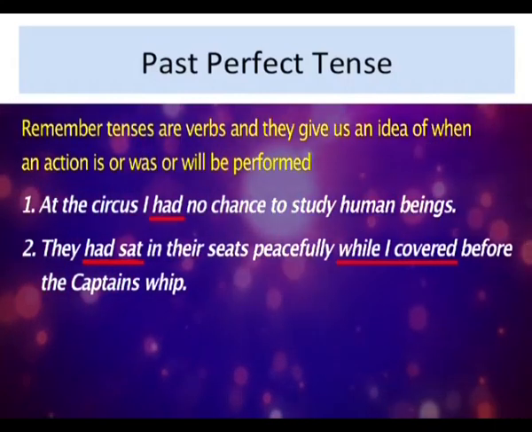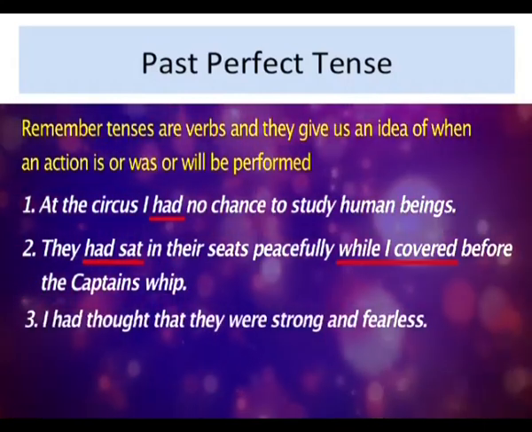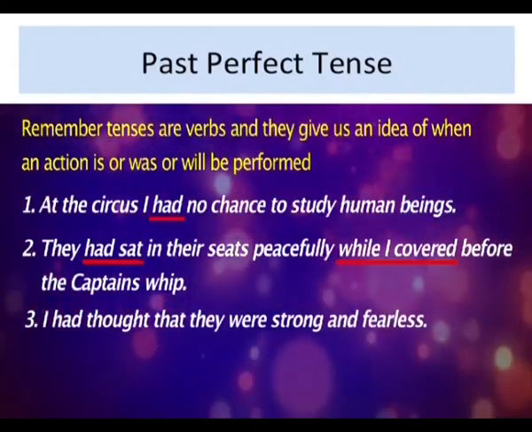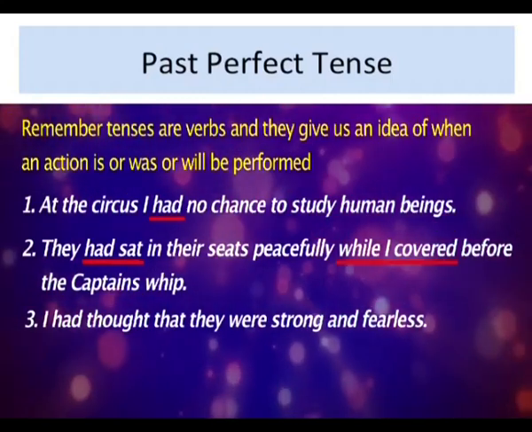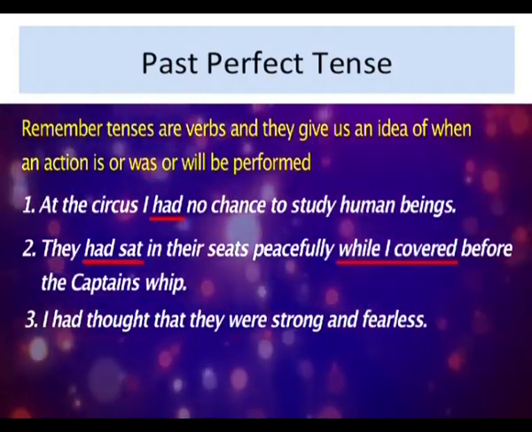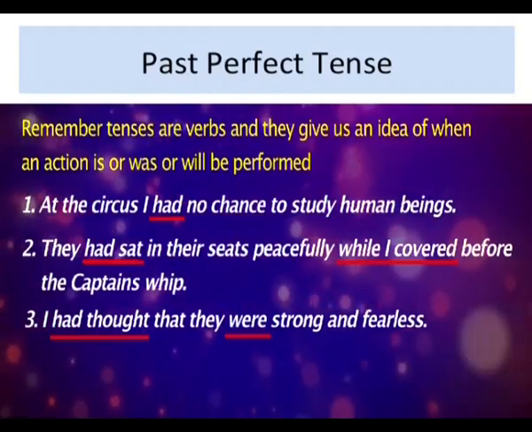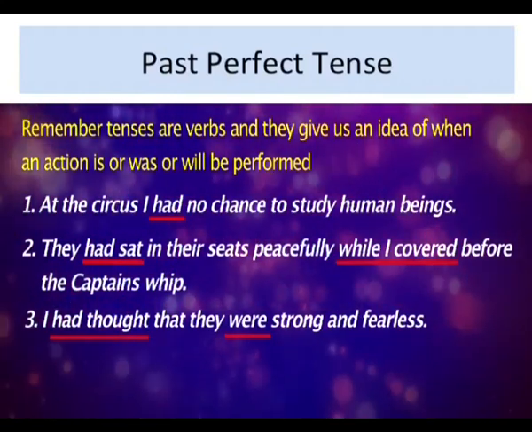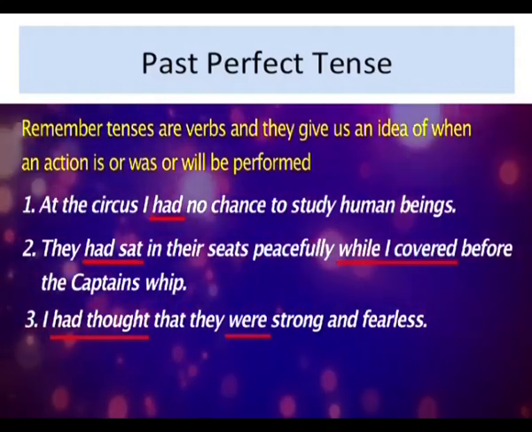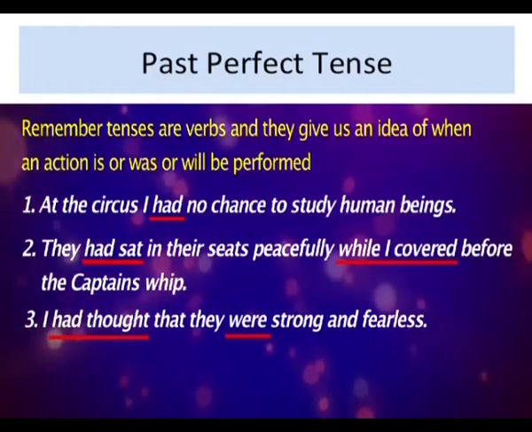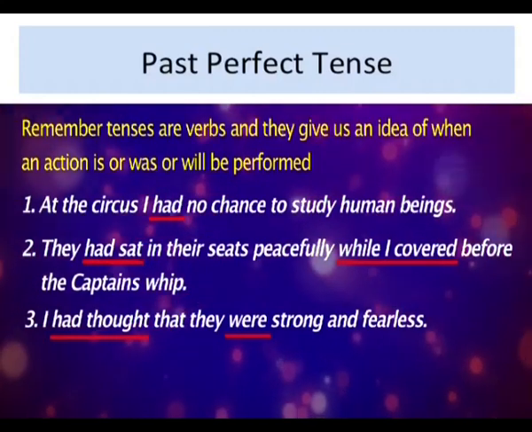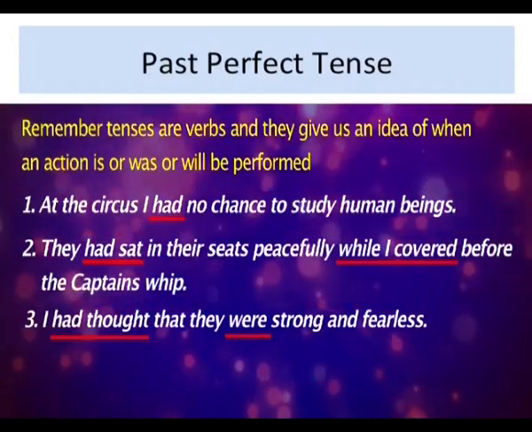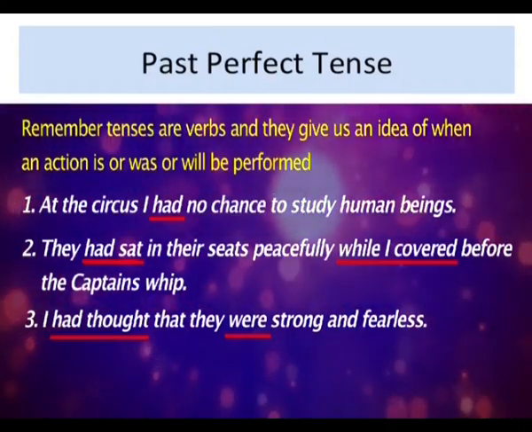Now coming to third sentence, I had thought that they were strong and fearless. Now in this sentence, underline had thought and were. The words had sat and had thought tell us that the action has already been completed sometimes in the past, but something else happened later.